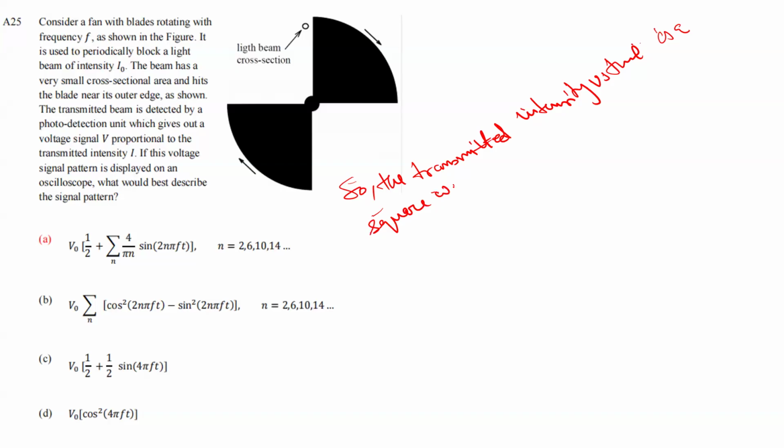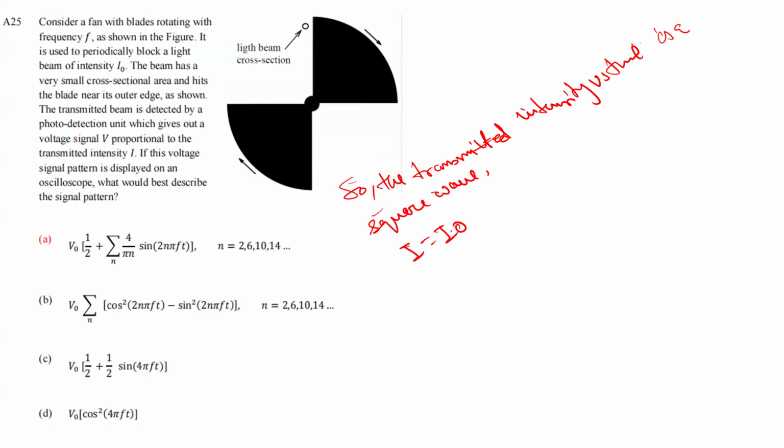So the transmitted intensity versus time is a square wave, right?